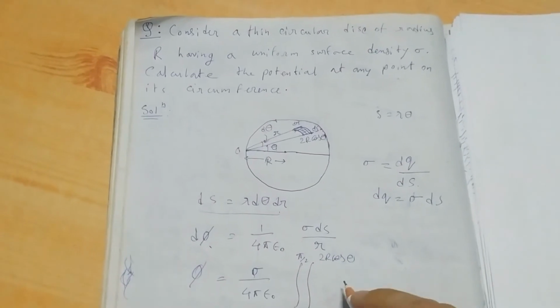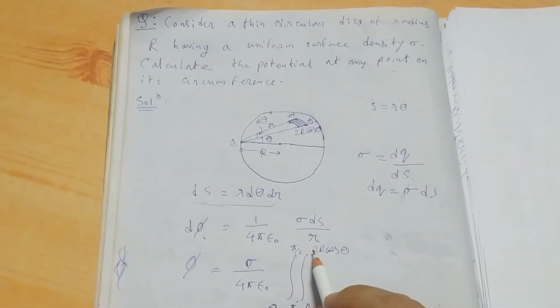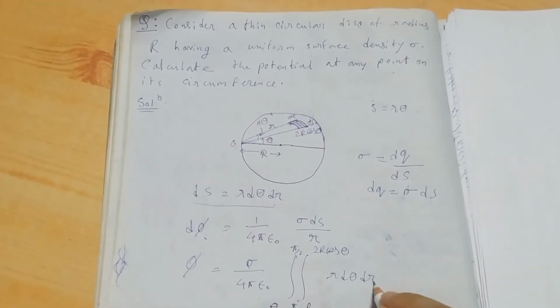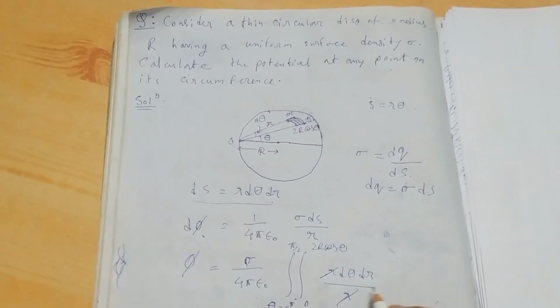Now ds, we can write ds as r d theta dr, and sigma is outside of the integral as it is a constant. So these r's cancel out.